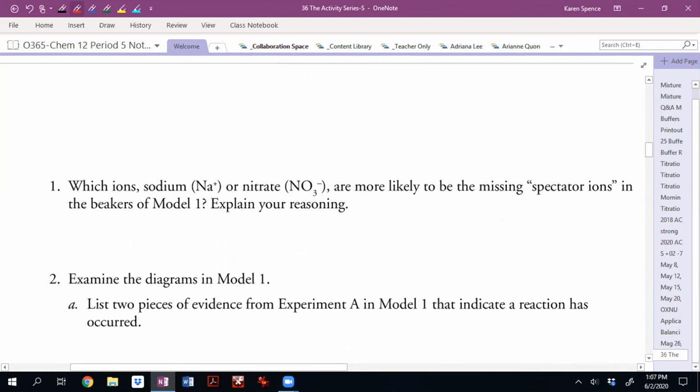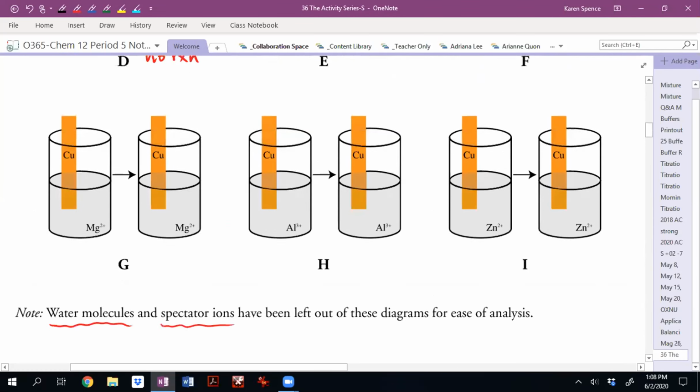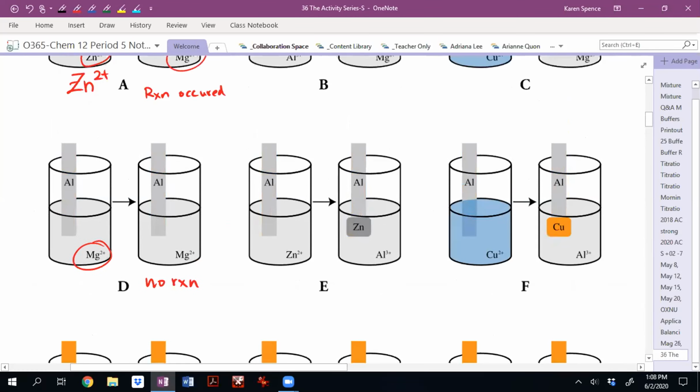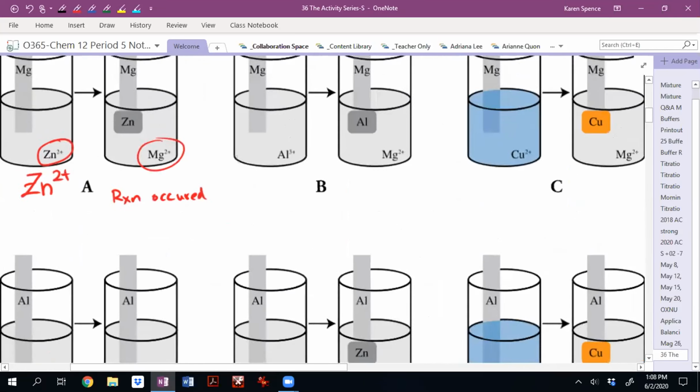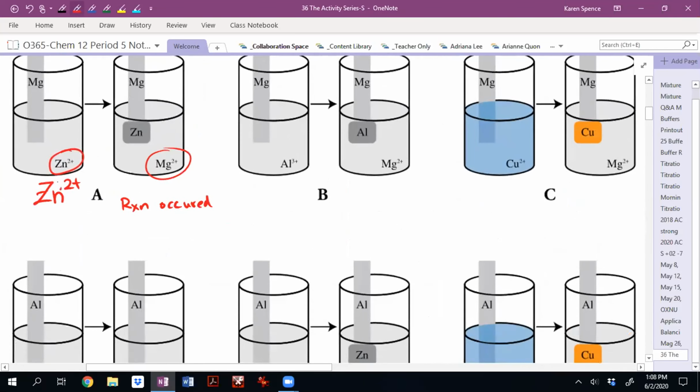Which ions, sodium or nitrate, are more likely to be the missing spectators in the beakers of Model 1? Okay, so we've left out the spectator ions. Let's take a look at our beakers. Our beakers contain zinc 2+ in solution.